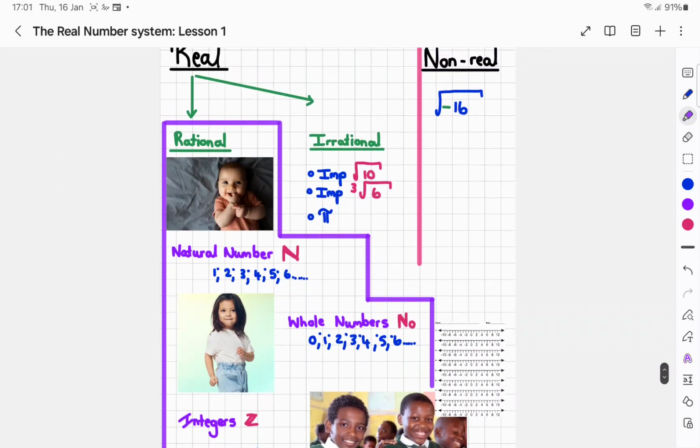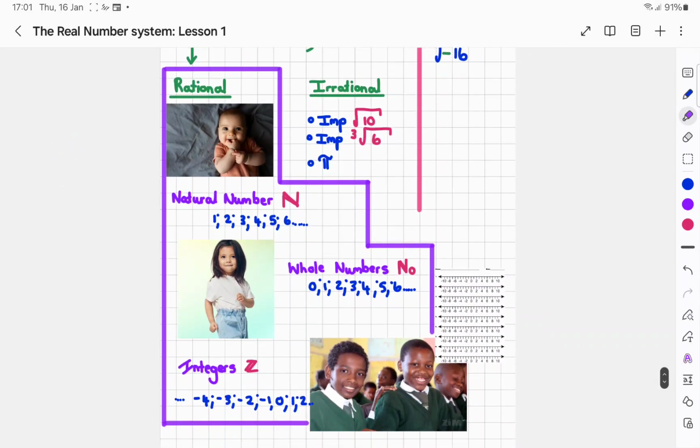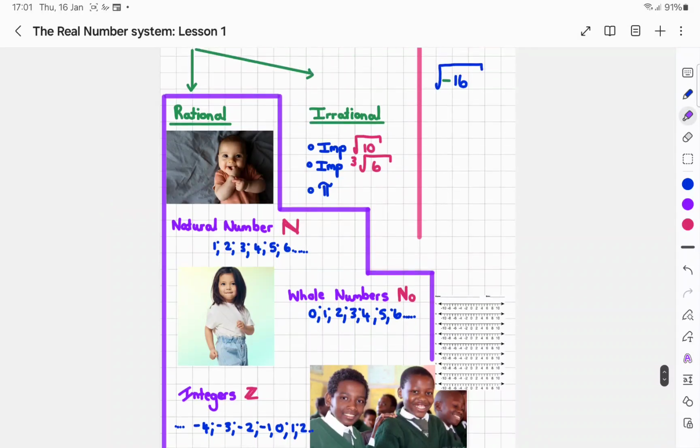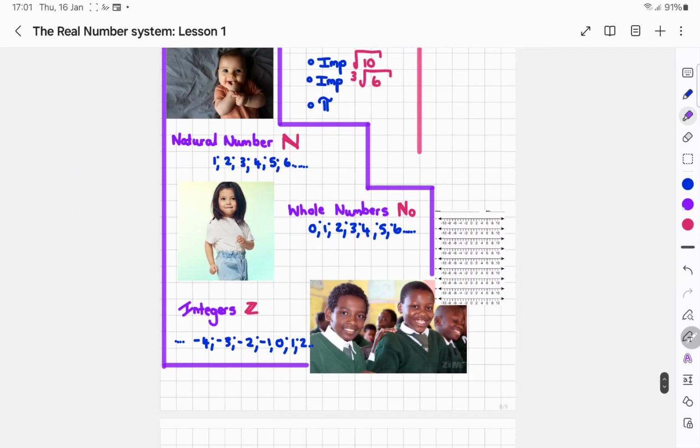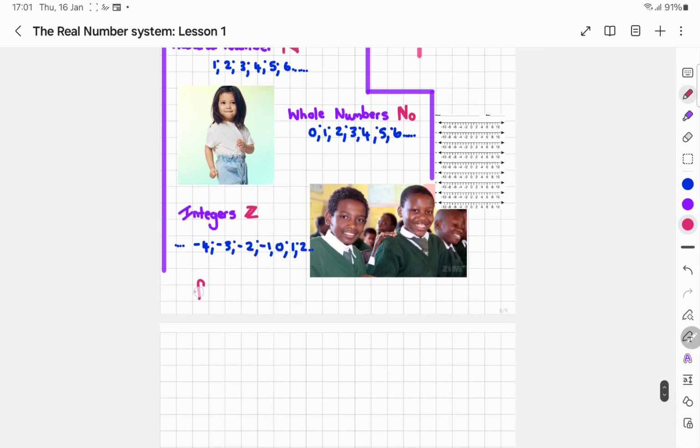Then we also get the fractions. They are also rational numbers, but very, very important, the fractions have to have an integer at the top as well as an integer at the bottom. It could also be a negative, because an integer can also be a negative.